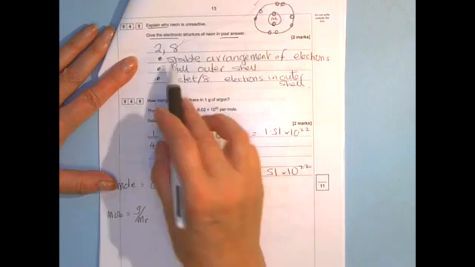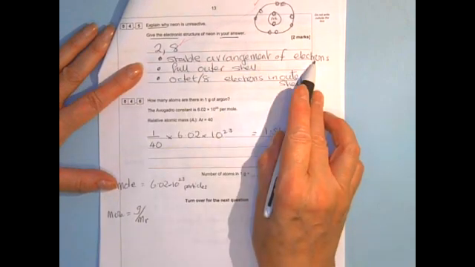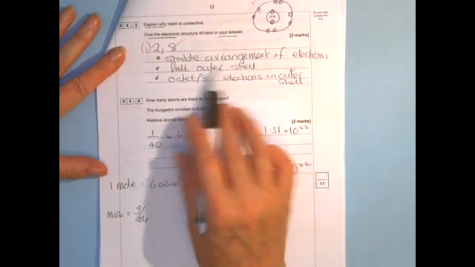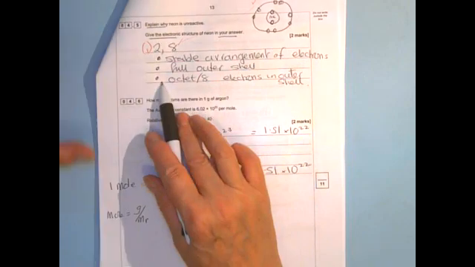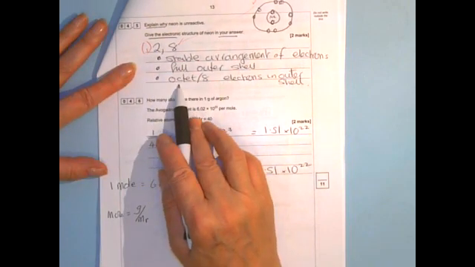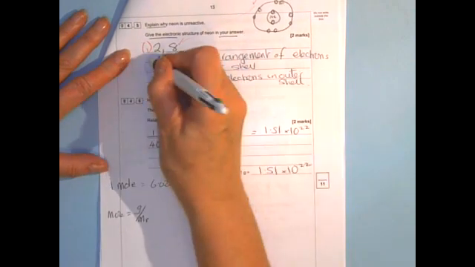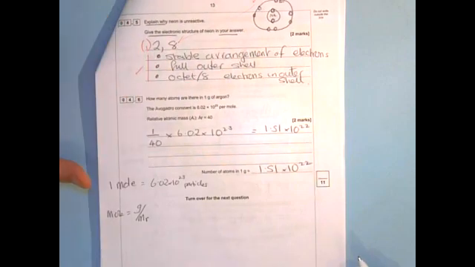Okay, it's got a stable arrangement of electrons. Sorry, that's 1 mark. It's got a stable arrangement of electrons, or you can say it's got a full outer shell, or you can say it's got an octet or 8 electrons in the outer shell. Either one of those 3 will get you the 2nd mark.